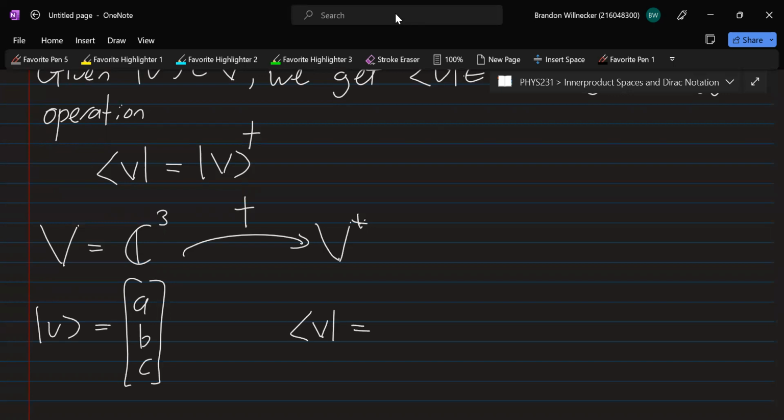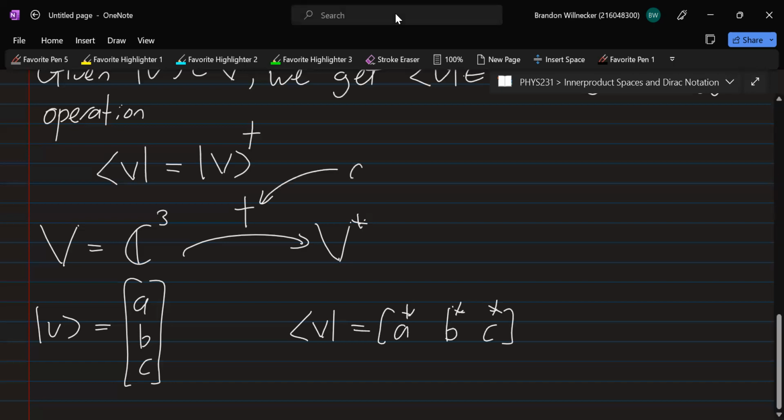In the dual vector space, we define them as row vectors, so we have A, B, C. But it's a bit more than that. This dagger converts the column to a row, but it also does complex conjugation. So we can view this dagger as complex conjugation and then transpose.